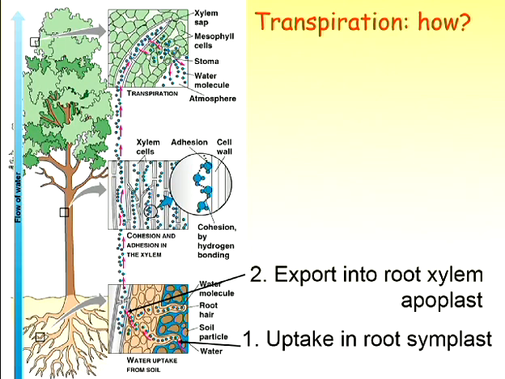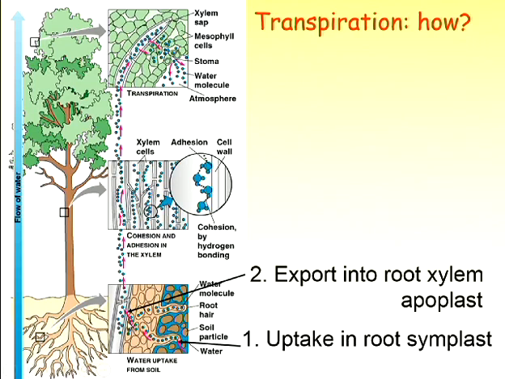So it could travel in the apoplast of the cortex of the root, or it could go straight into the symplast, so pass a plasma membrane into the symplast and then just go from cell to cell via plasmodesmata, all through the cortex as well. So step one, if it is to go up to the shoot, it has to get at some point into the symplast of the root. And for that, it has to pass a membrane to go from the soil into the symplast, the inside of the cells of the roots.